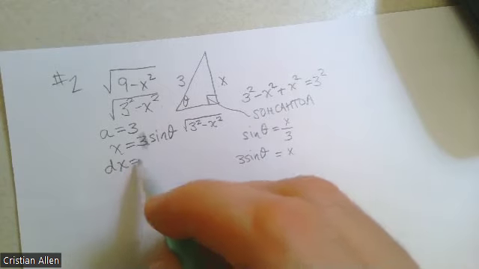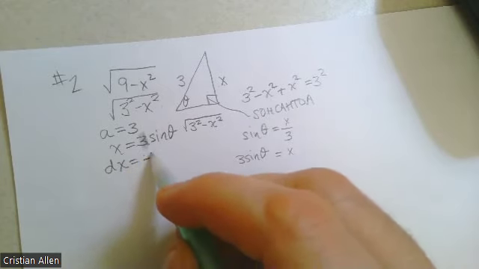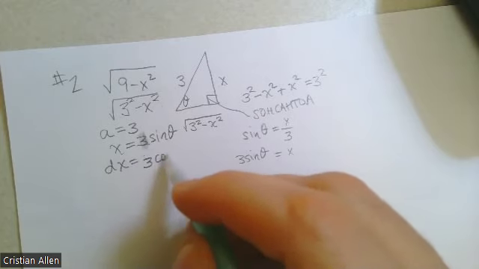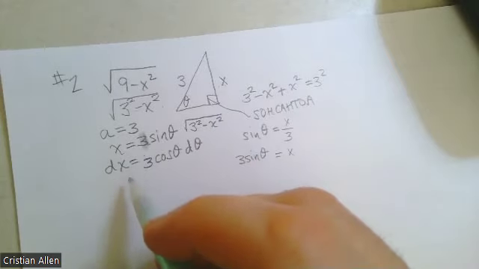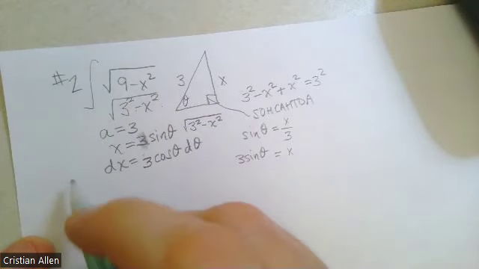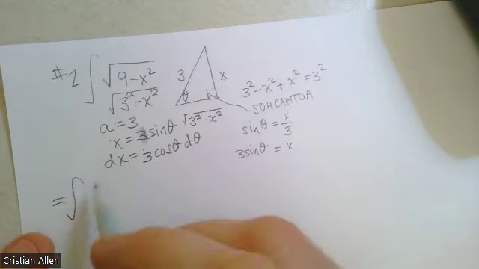All right, here we have dx equals, let's see, I was about to put a negative. Cosine theta d theta. Okay, 3 cosine theta d theta. All right, so we're trying to do the integral of this thing. All right, now here comes the substitution.